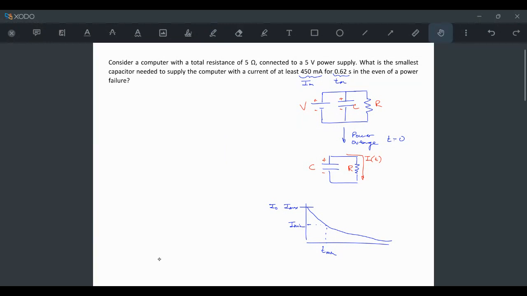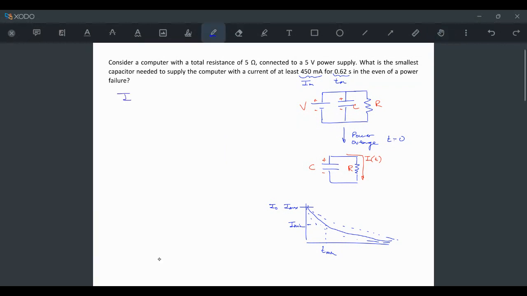If the capacitance is too small, this curve would be down here. We wouldn't stay above this threshold. If the capacitance is really, really big, you can make it infinitely big, I guess, we would be above. But we're trying to find the exact perfect capacitance for when we can stay above 450 milliamps for 0.62 seconds, for whatever significance those quantities have.